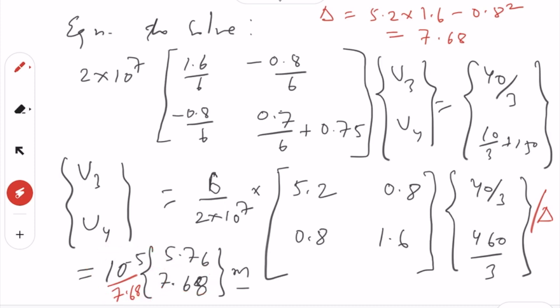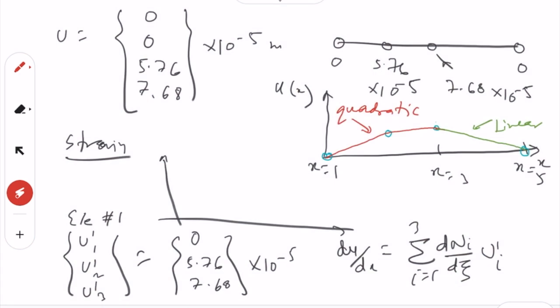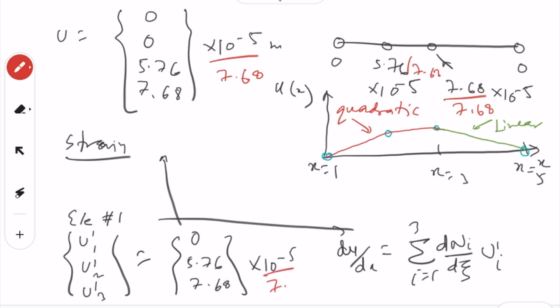That means u4 is equal to 1 to the power minus 5. So this correction we have to make, divided by 7.68 everywhere. So this one, for example, has to be divided by 7.68, and here everywhere this has to be divided by 7.68, and so on, like that.